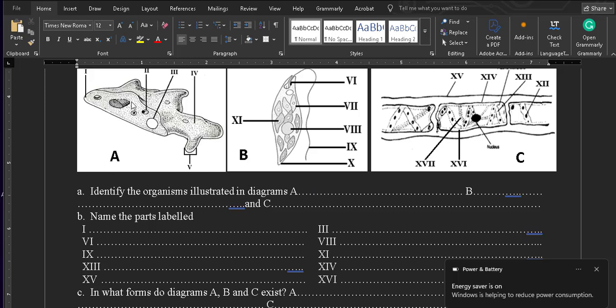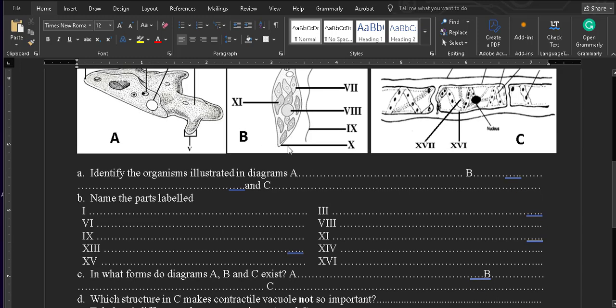So A, looking at the shape, the irregular shape, formation of extensions of the body parts here and there. It tells you directly that it is amoeba. Okay, it's amoeba. You have different types of amoeba, but you can just go with amoeba. Start writing with a capital letter A.